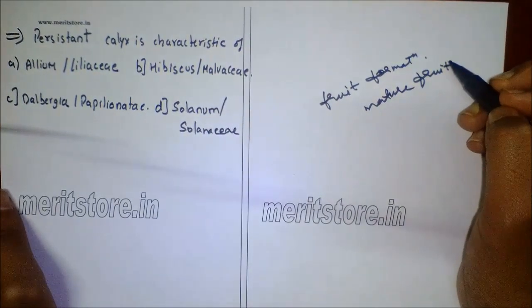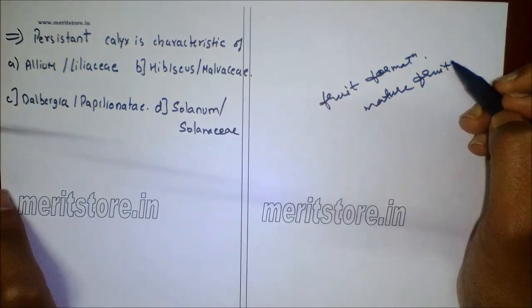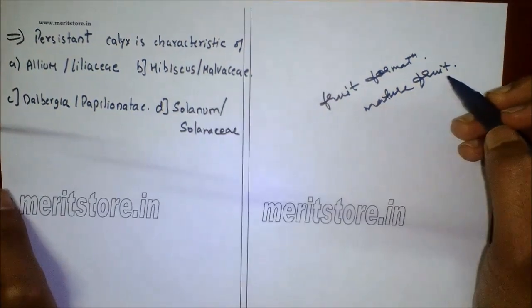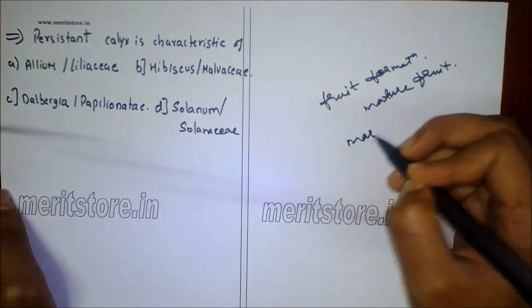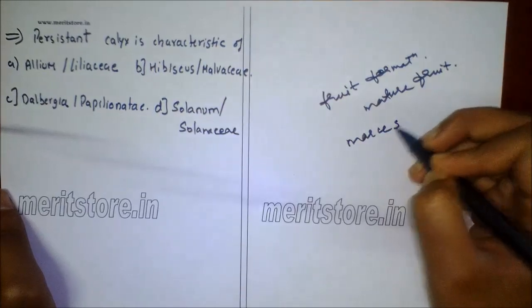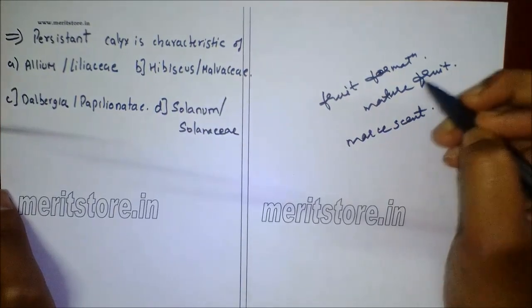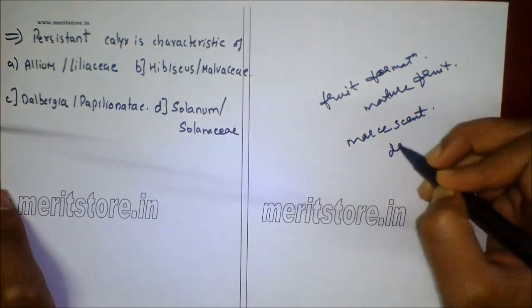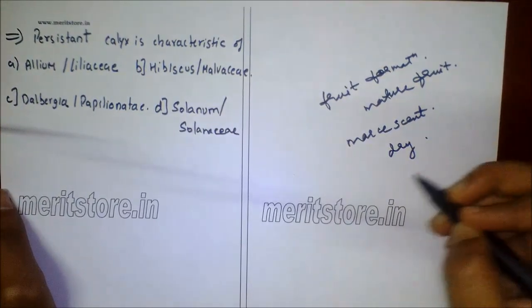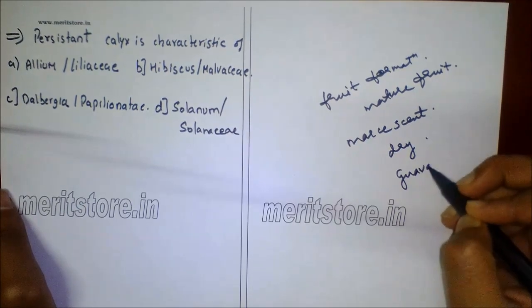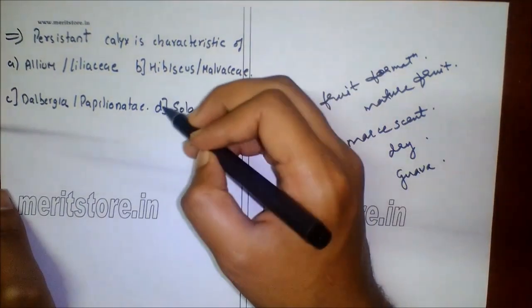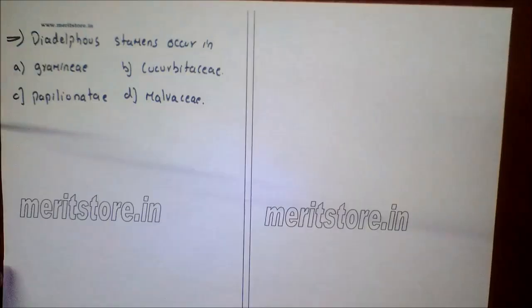It can be accrescent, that is sepals grow in size, remain green and may cover the fruit, for example in brinjals. Or it can be marcescent, that is sepals do not grow with the growth of fruit and become dry, which is seen in guava or Piper. So these are characteristics of Solanaceae, option D.